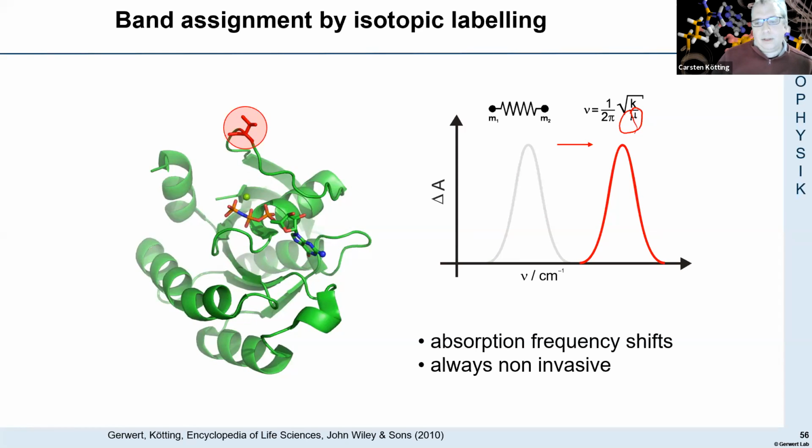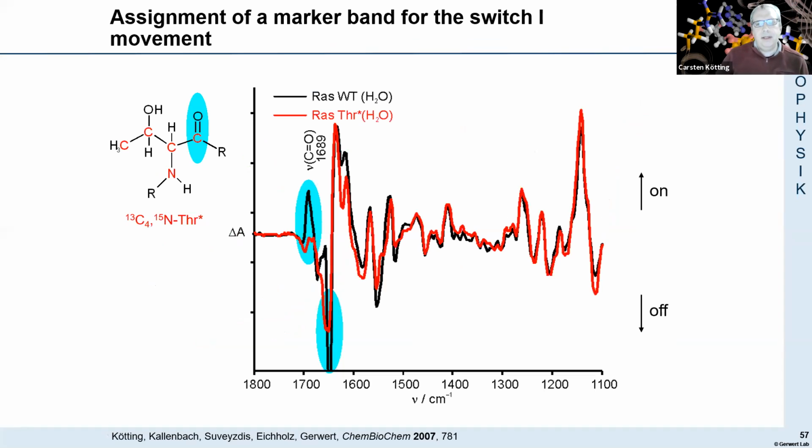And this is always non-invasive, and this always helps to assign the bands. Here's an example. In black, again, the on-off difference spectrum I've shown you before, and in red, the same difference spectrum, but now with the threonine labeled by 13C and 15N. And you see nicely that this band here is now downshifted, and this band can clearly be assigned to the threonine 35.